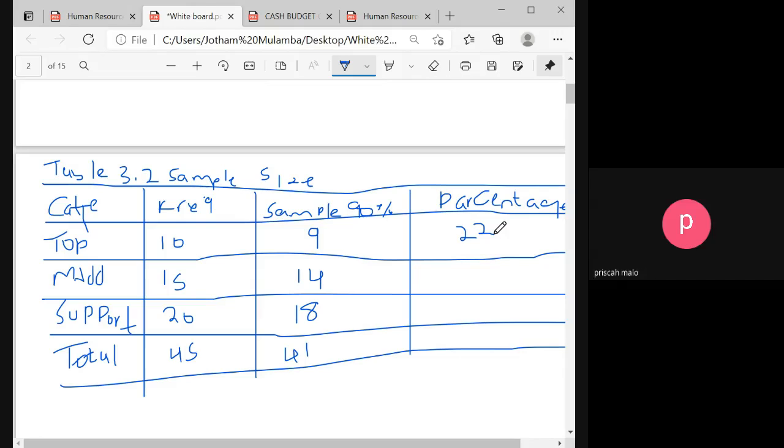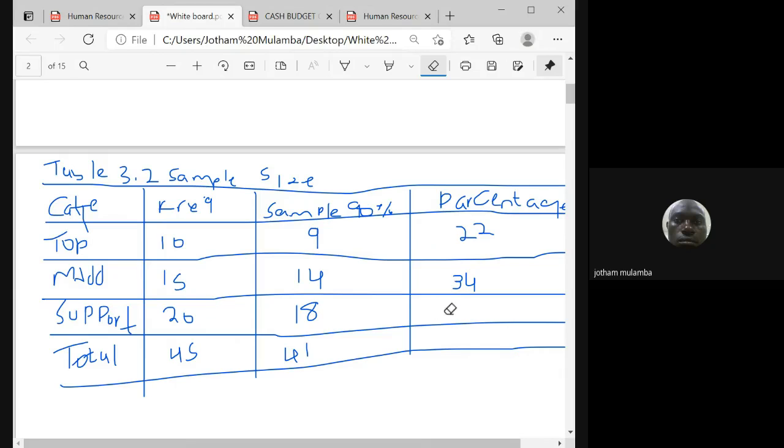Next, 14. It's 34. Next, 18. 18 divided by 41 cannot be 18%.